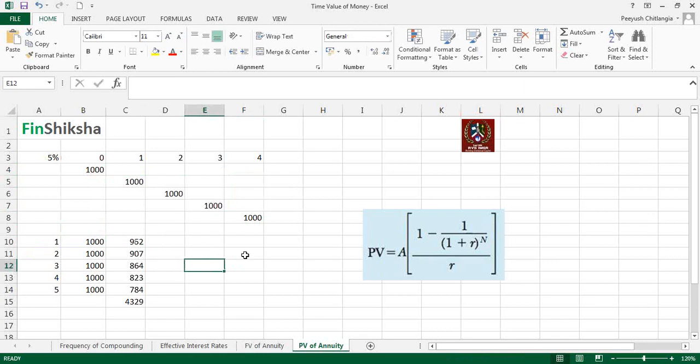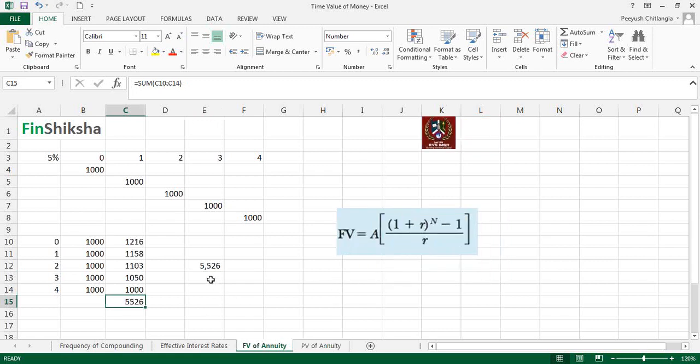I can use the calculation as well, which is 1000 multiplied by, bracket opens, 1 minus 1 divided by 1 plus 5% raised to the power 5, correct? And that's the first bracket closed, that's the second bracket closed, divided by 5%. I hope we have put in the brackets correctly. We get 4329, which is what we had calculated earlier, 4329, right? So exactly the same value.